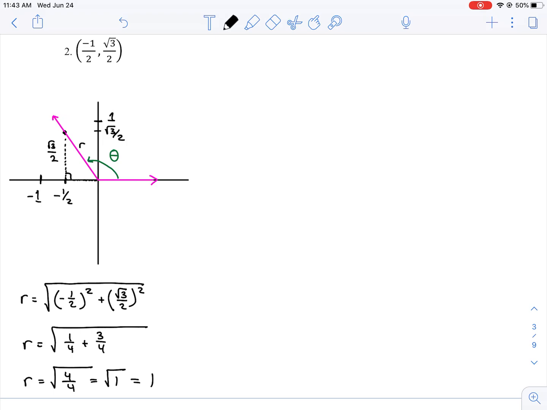So in this case, the radius is equal to 1. So now we can find the sine, cosine, tangent of theta.